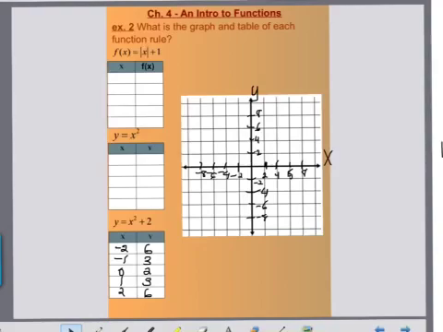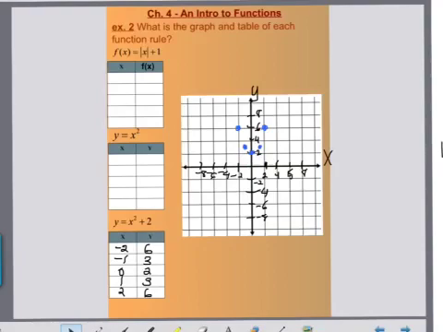So -2, 6. -1, 3. It's in between the -2 and the 0 here and here, and then in between the 4 and the 2 here and here. 0, 2, 1, 3, and 2, 6.